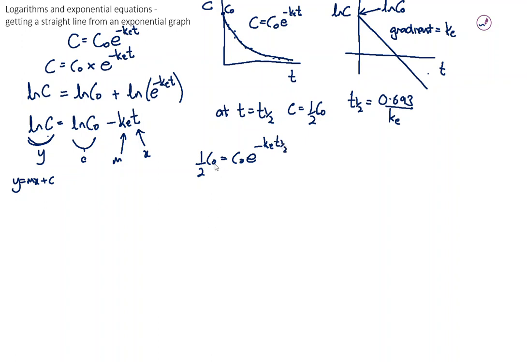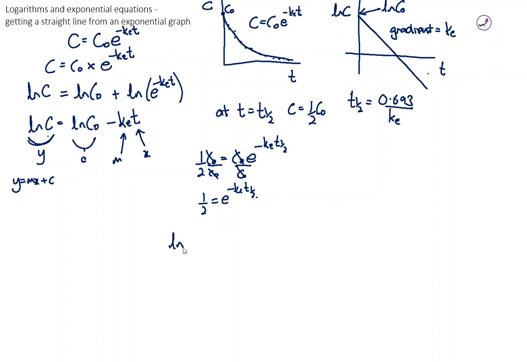Actually, I've got C0 on both sides, so I can divide both sides by C0, and they'll cancel out and I don't need to worry about them. So now I've got a half is equal to e to the minus Ke times t half. Now I'm going to take logs of both sides of that.